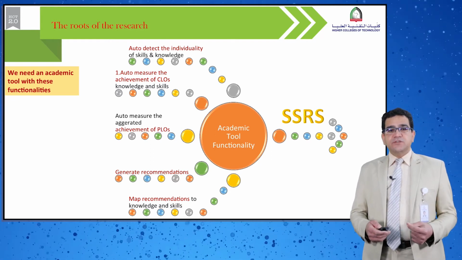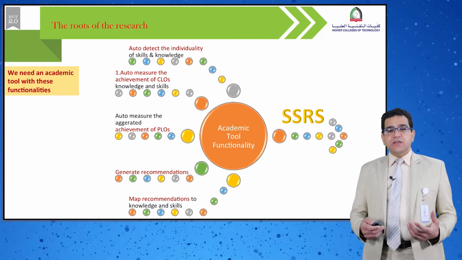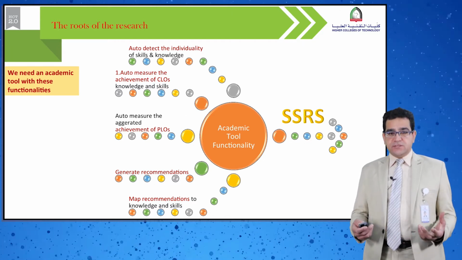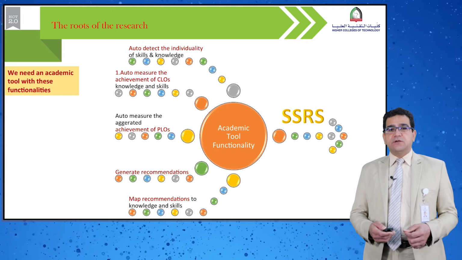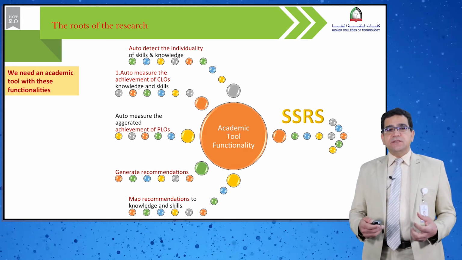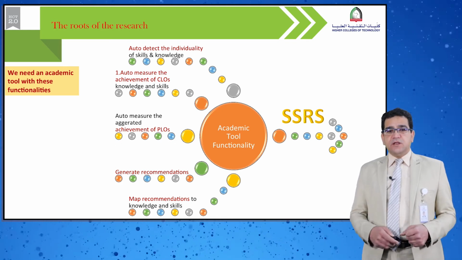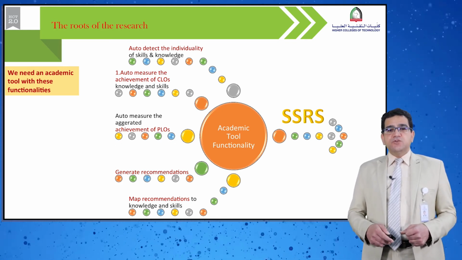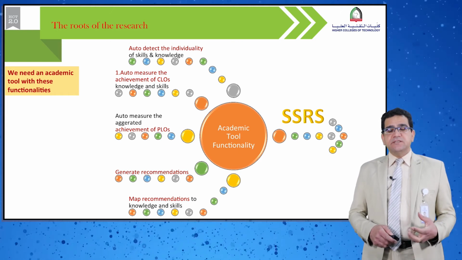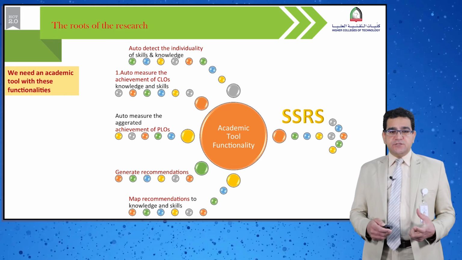This research mainly tries to figure out these factors which I mentioned before. As well, it will function as a tool for detecting the achievement of any learning outcomes, course learning outcomes or even program learning outcomes, and also as a tool to detect the individuality in terms of knowledge and skills for each individual learner, as well as to measure the aggregated achievement inside any organization unit, any education unit.